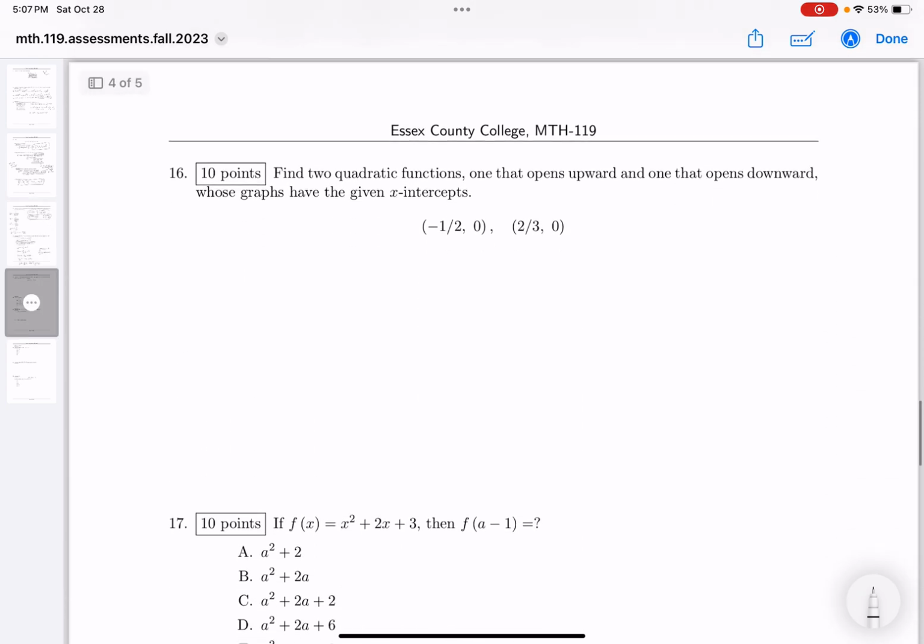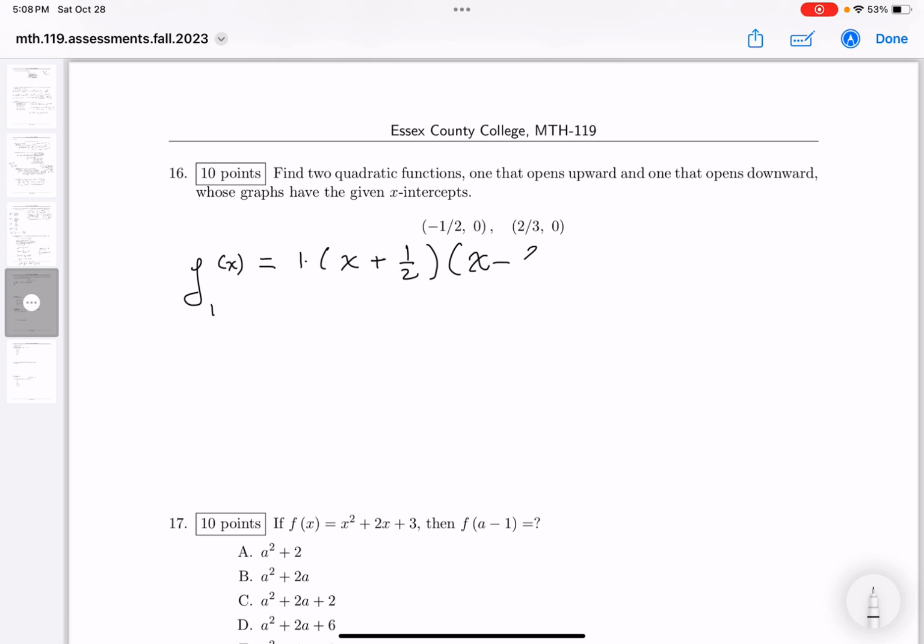And this is number 15. This one over here, find two quadratic functions, one that opens upward and one that opens downward. So let's write this over here. I'm going to say f of x, I'll call this the first one. If it opens upwards, it's a positive leading coefficient. So I'm just going to write down 1 times, 1's the easiest number to use, x minus a minus half, which would be x plus 1/2.